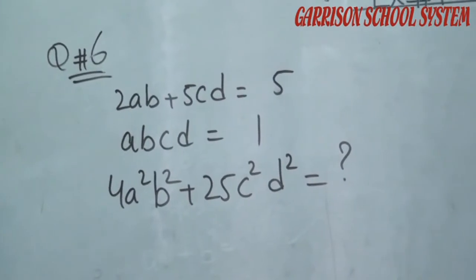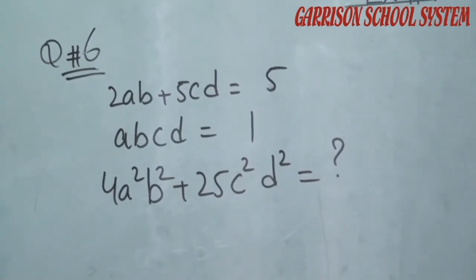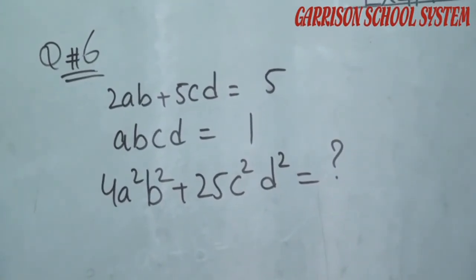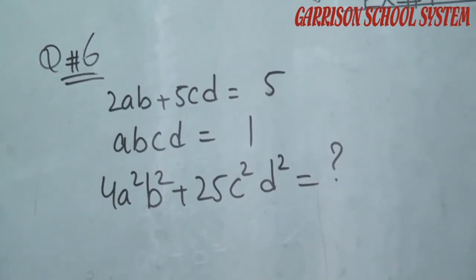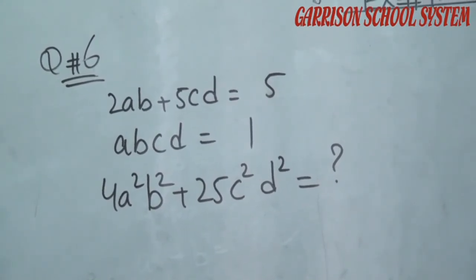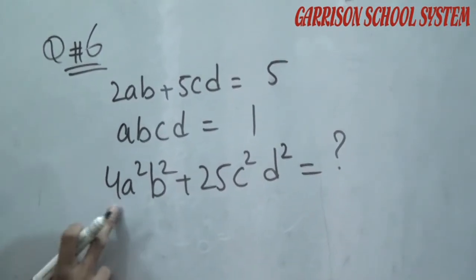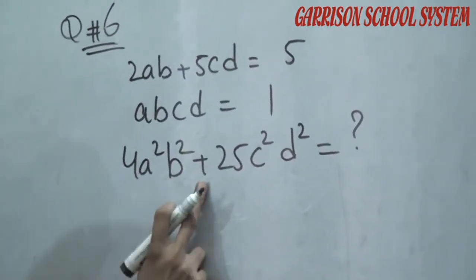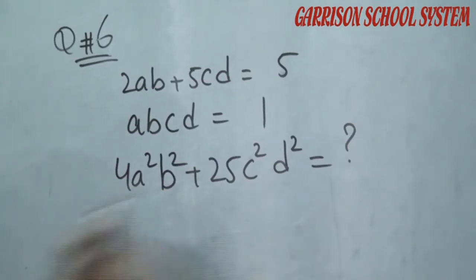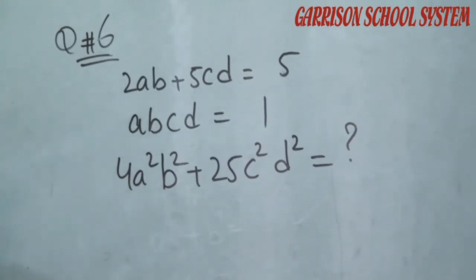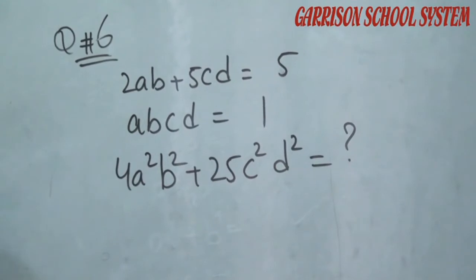2ab plus 5cd is equal to 5 and abcd is equal to 1. What is the value of 4a square b square plus 25c square d square? I have to find the value of 4a square b square plus 25c square d square. What will I do?